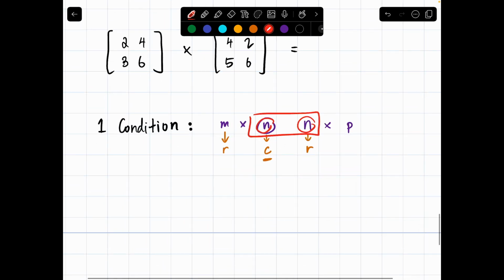And these m and p will determine the number of rows and columns of the answer, the product of these two matrices. So the answer will have the arrangement of m times p. Same thing where m is the number of rows and p is the number of columns.